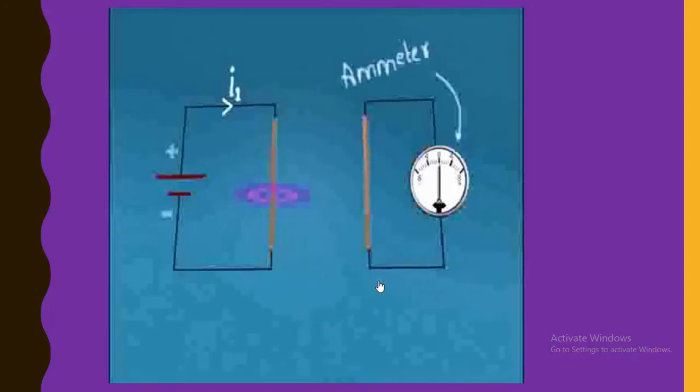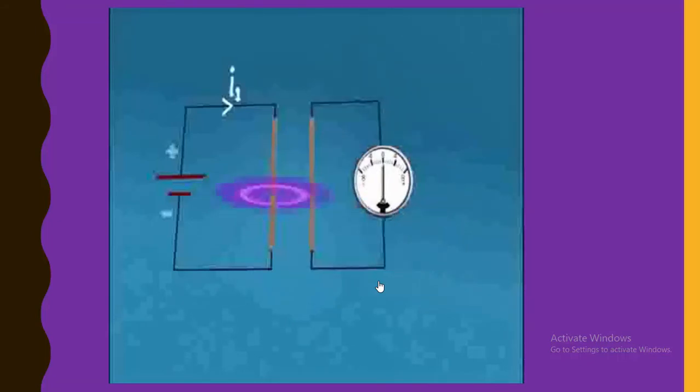If another piece of wire comes in the vicinity of this flux, an electromotive force is induced in the conductor, which we can see here from the deflection in the needle of a galvanometer. But after some time, the deflection becomes zero, because both conductors are stationary, meaning there is no relative movement between them. This is known as dynamically induced EMF.